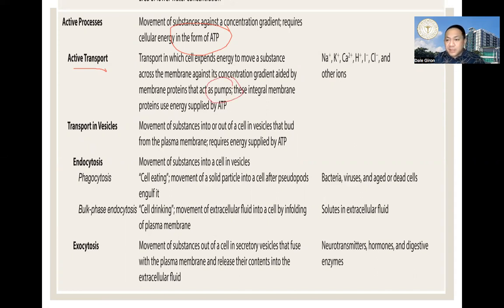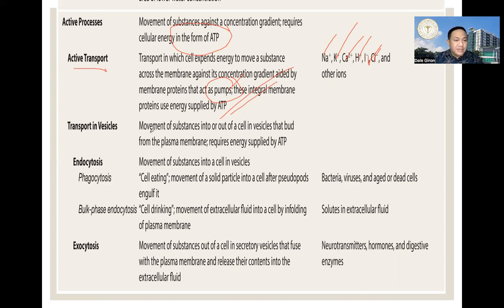Okay? There are pumps, and there is ATP energy too. So these are sodium, potassium, calcium, hydrogen, iodine, chloride, and other ions, meaning other electrolytes that need to be transported from outside to inside across the lipid bilayer. It uses pumps, it uses ATP, and if those substances use those pumps and ATP, you are in active transport.